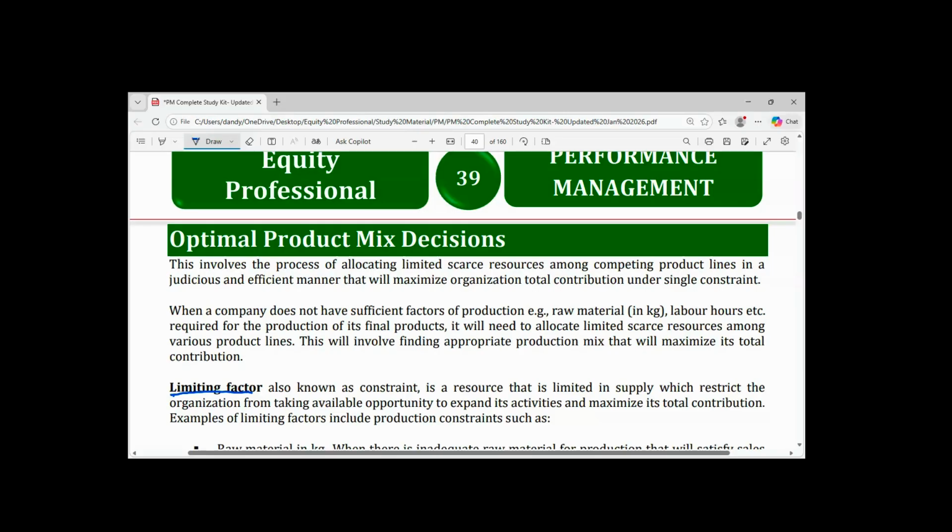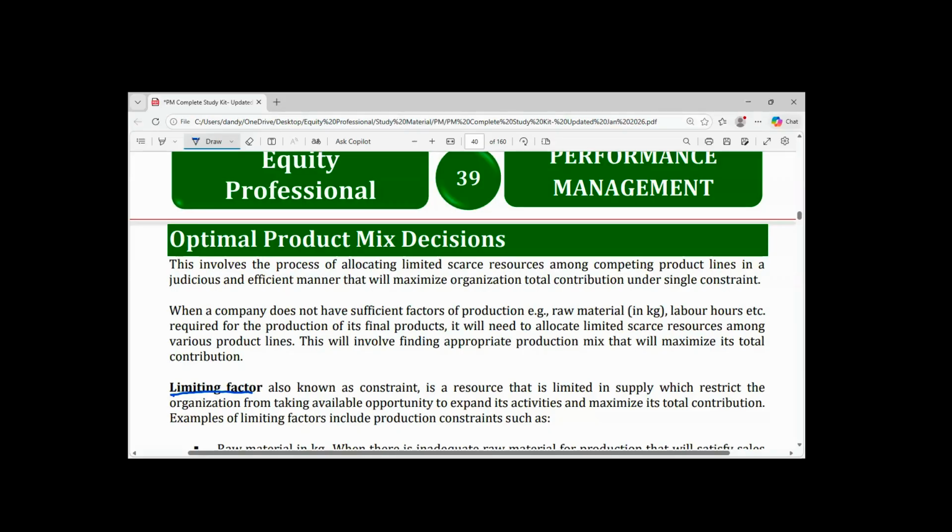Any resource within the organization that limits the ability of the company to take advantage of market conditions or to maximize contribution towards profits is a limiting factor. It's a constraint.